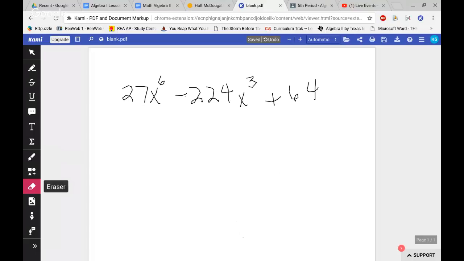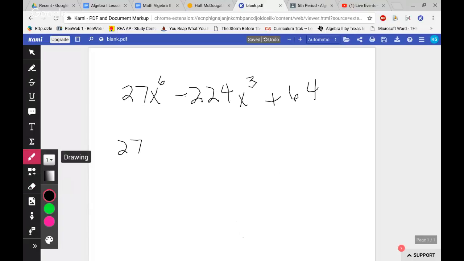So you're actually making, like if this were 27 times a negative x to the sixth minus 224 with a negative x to the third plus 64.